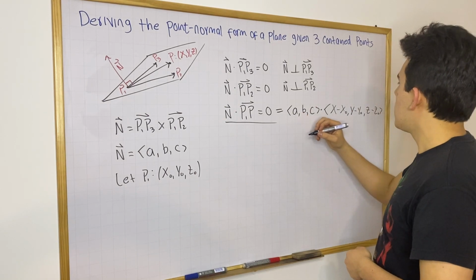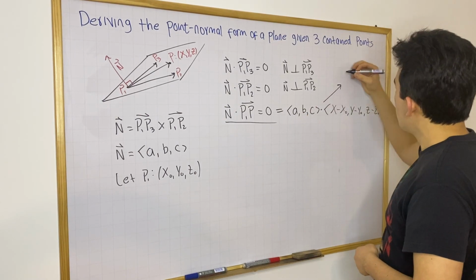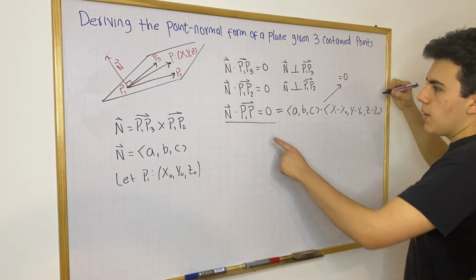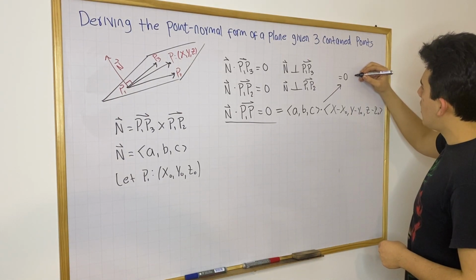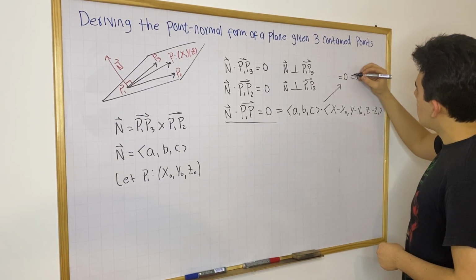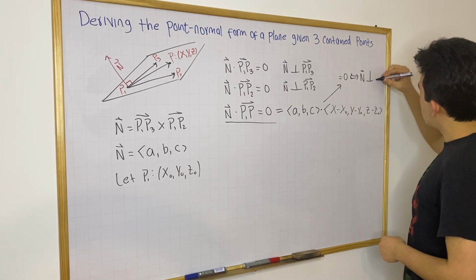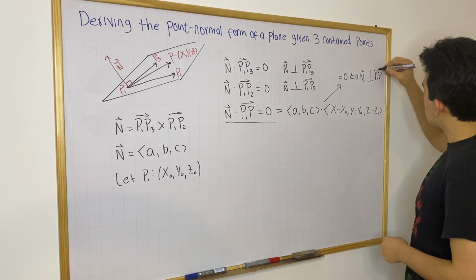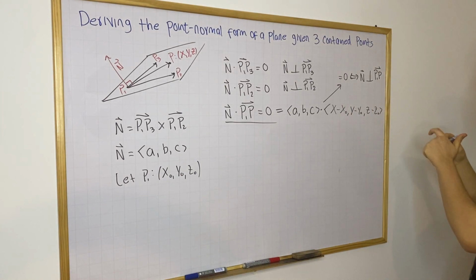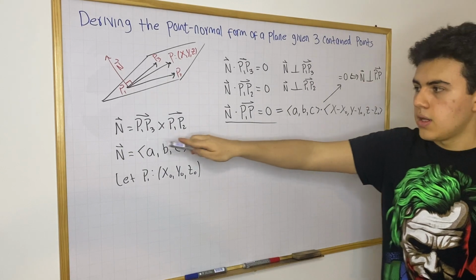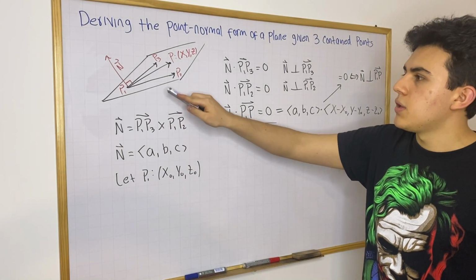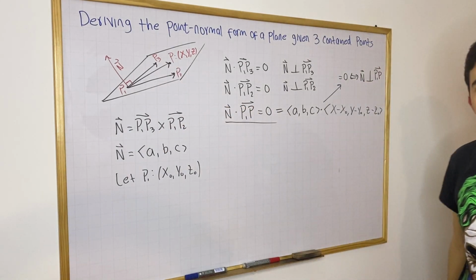Where should I write it so it doesn't look that ugly? I'm going to do it over here. This will be equal to 0 if and only if n is perpendicular to P1P, to this vector. And we know that is true because n will be equal to the cross product between P1 to P3 and P1 to P2, okay?